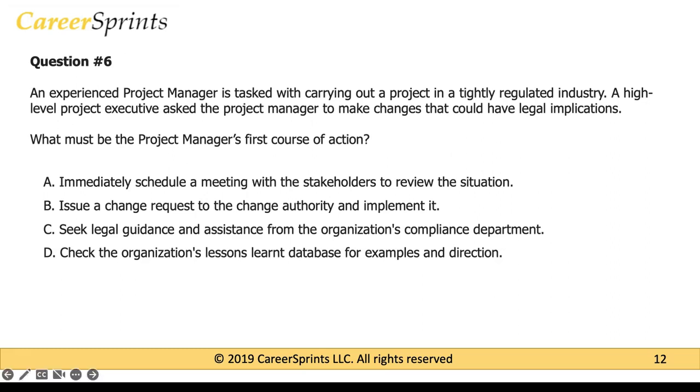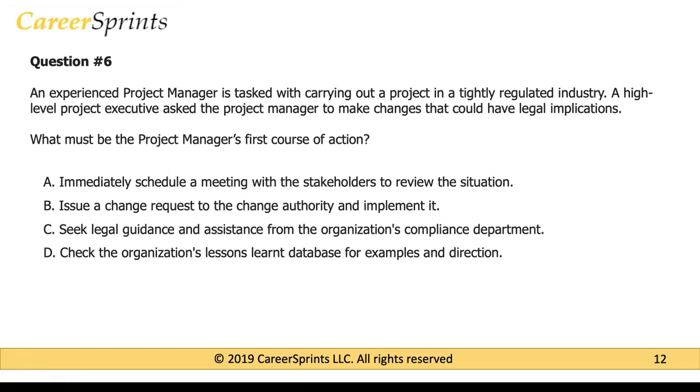So the options are: immediately schedule a meeting with the stakeholders to review the situation, issue a change request to the change authority and implement it, seek legal guidance and assistance from the organization's compliance department, check the organization's lessons learned database for examples and direction. I'm going to give you a couple of seconds so that you can think through the answer and choose your answer.